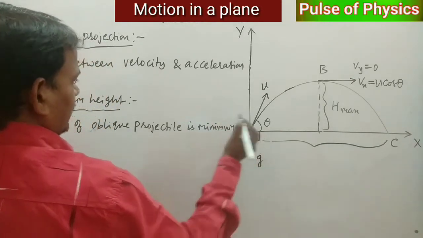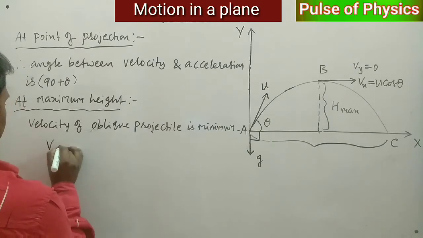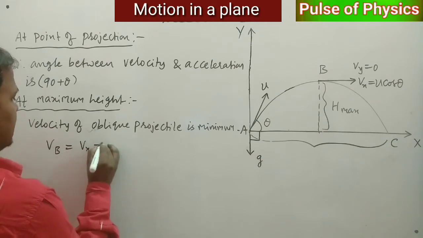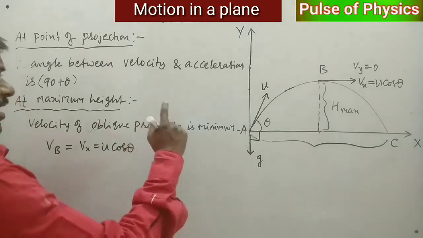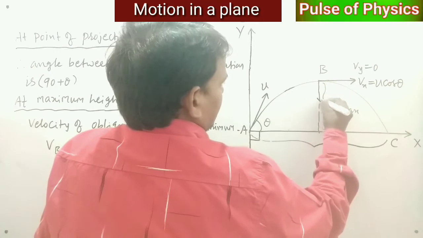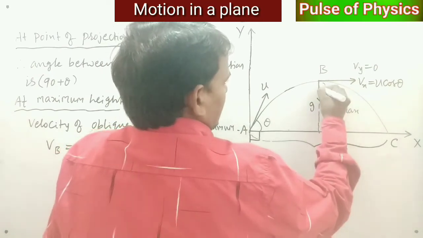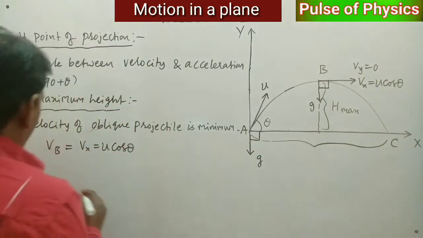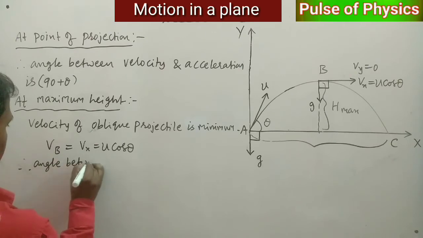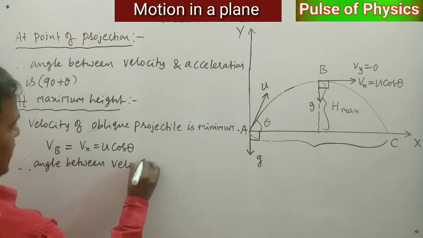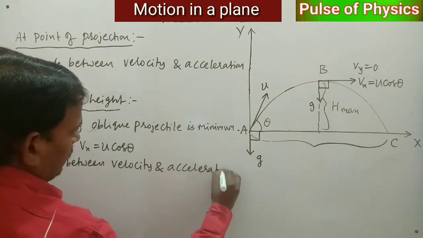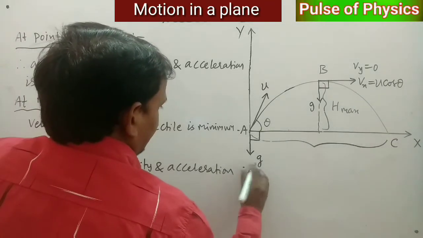See here, V at B, at maximum height, is Vx, that is u cos theta. What is the angle between velocity and acceleration? Acceleration is vertically down and velocity is horizontal. The angle between these two is 90 degrees.